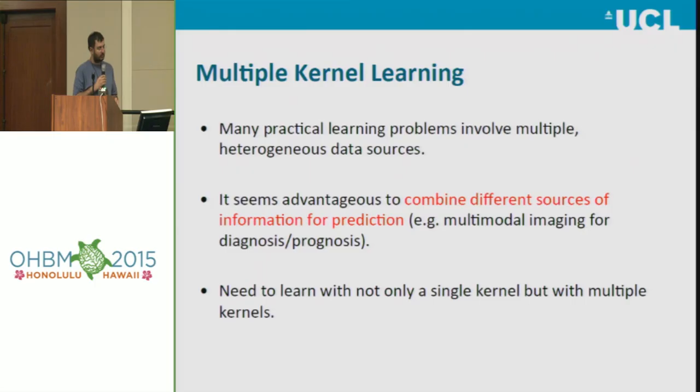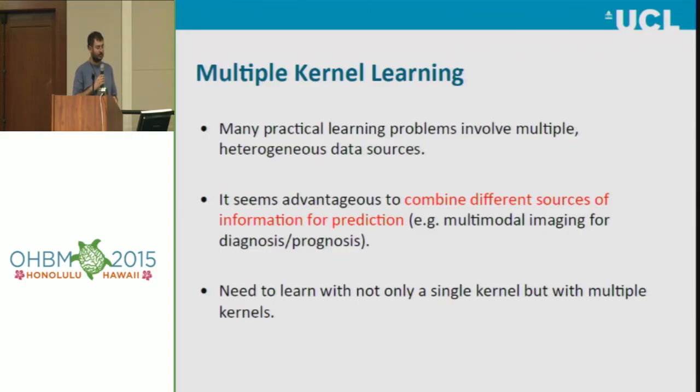So one thing we can do with kernels, which has become quite popular in neuroimaging, is to use something called multiple kernel learning. Now, why do we want to use this? Well, in practice, we often have data from many different heterogeneous sources. This could be, for example, multimodal imaging.